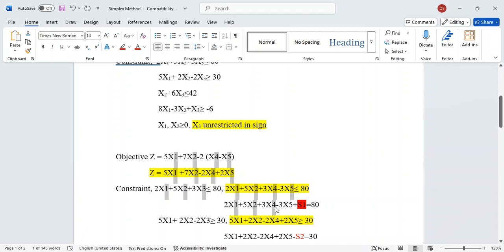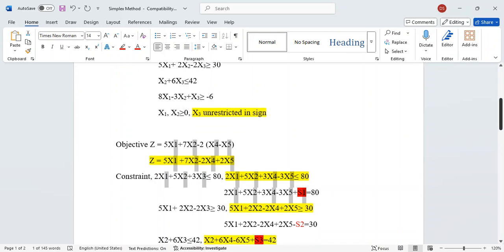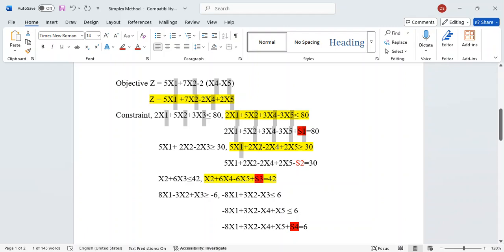In every constraint equation you add either one slack variable or one surplus variable to make it balance, so slack and surplus variables are called basic variables. If anyone asks, if there are 10 variables in the equations and only 4 of them are basic, then you can say that the non-basic variables are 6.